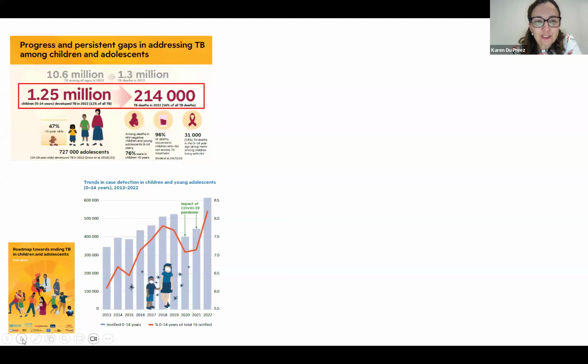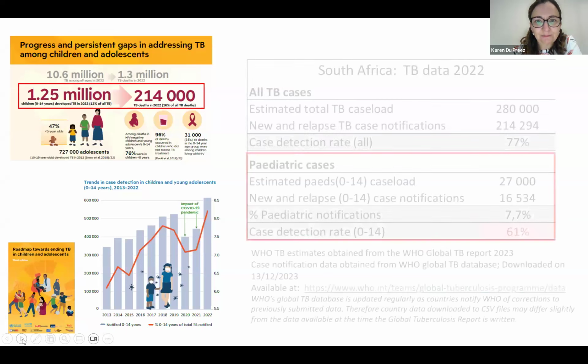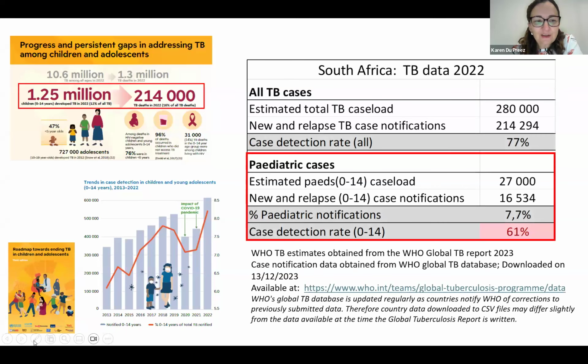In the bottom graph, you can look at the trends in case detection globally, and we see that dip in 2020 and 2021, where there was an impact of COVID-19, but with case notification rates increasing again in 2022, which is encouraging. If we look at the South African data, we estimated about 27,000 children had TB in South Africa in 2022.